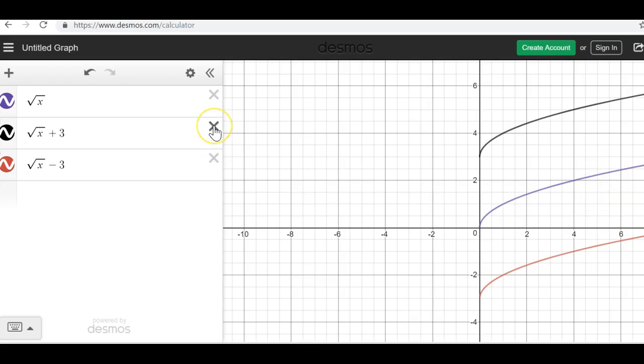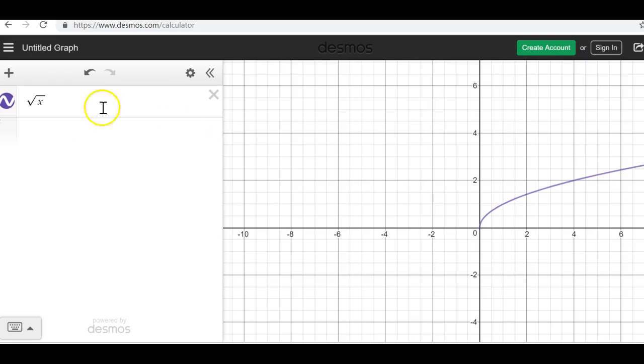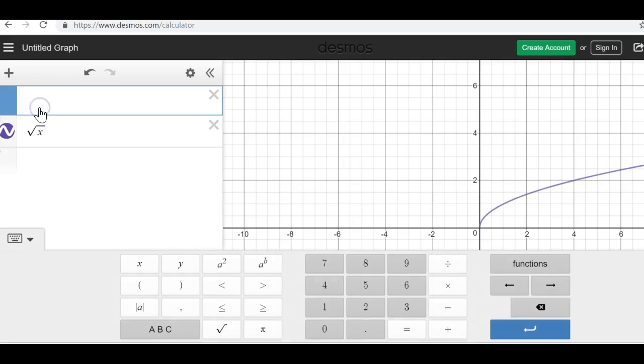Let me get rid of these ones, and I want to show you another type of transformation. What would happen if I have the square root of x, and before I go outside the square root, I stay within the square root, and then I say plus 3 units.